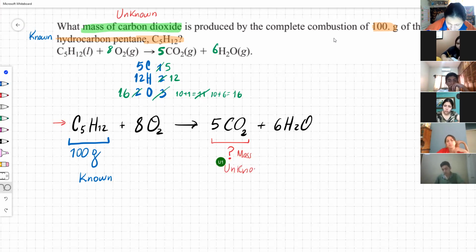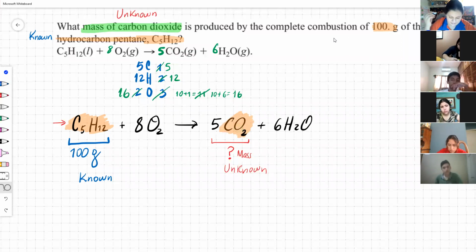Okay, so remember that from both known and unknown, I need the molar masses. So I'm going to get the molar mass of the known, and the molar mass for CO2. I'm going to work on that.